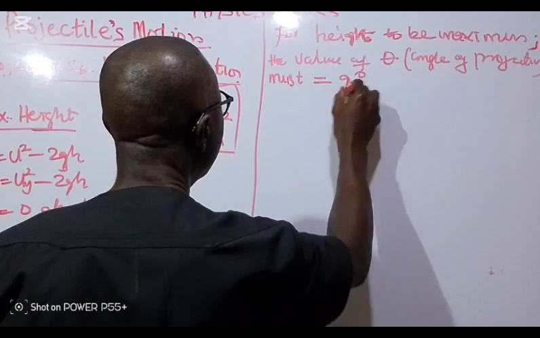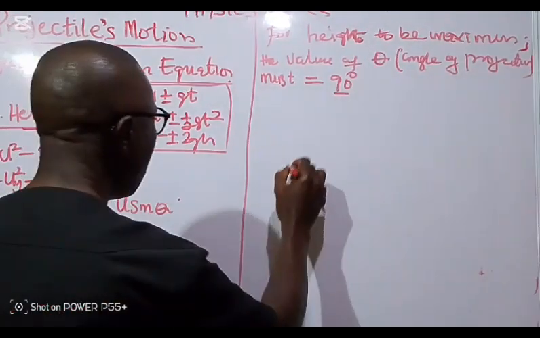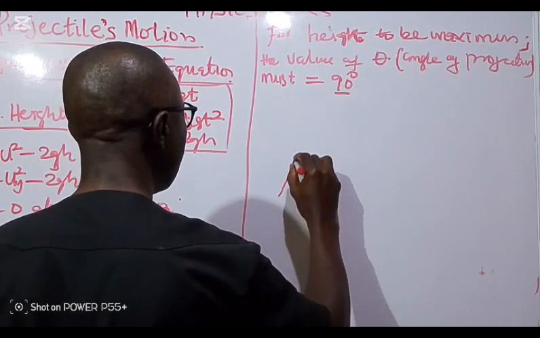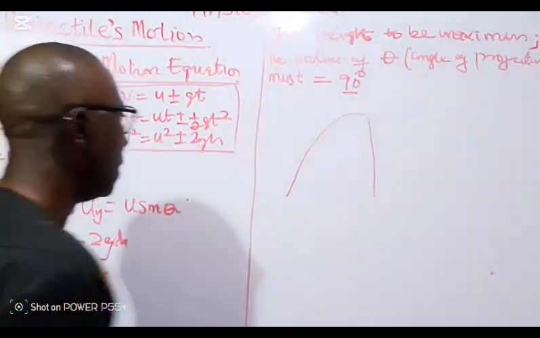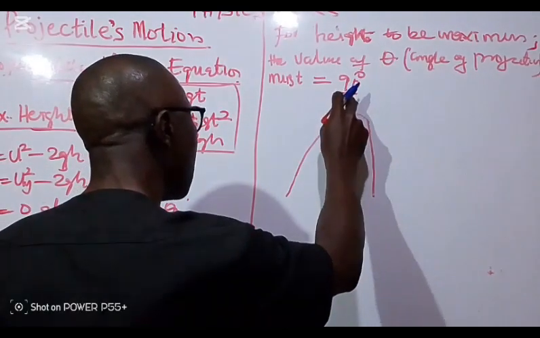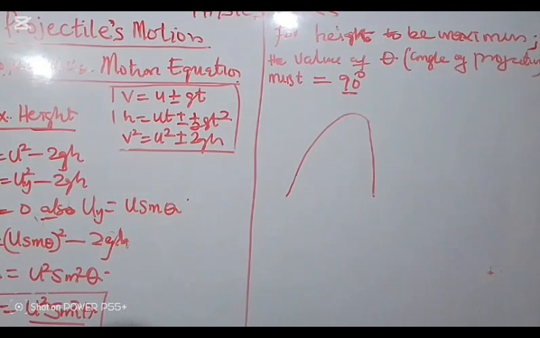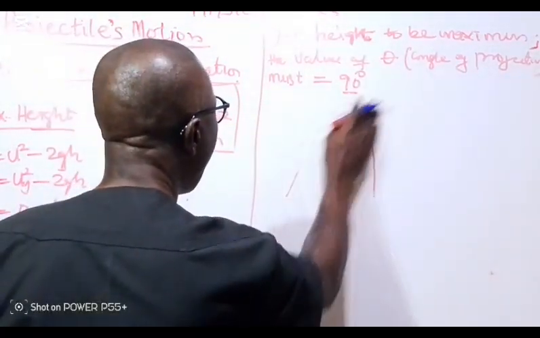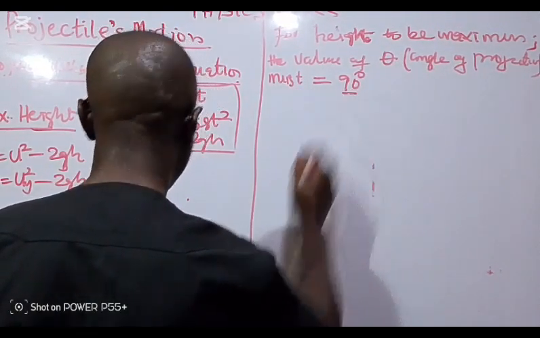That is, when you throw an object vertically upward like this, as it's moving up, the angle will be increasing. When it reaches 90 degrees, then the maximum height will be attained. At that particular angle, when theta is 90 degrees, then we are going to have maximum height.